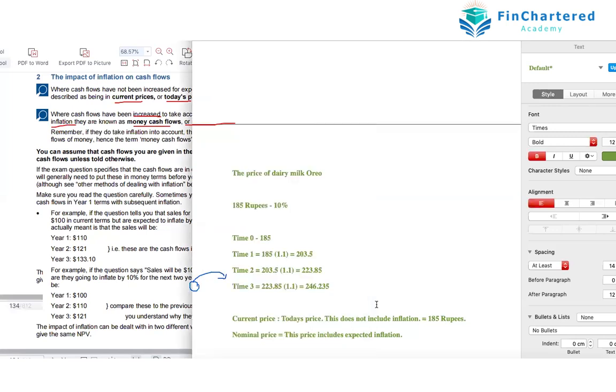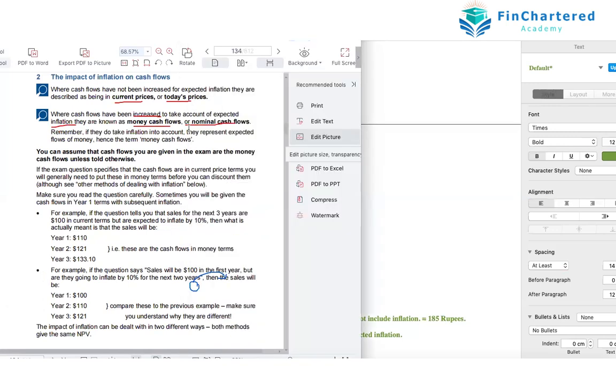Just like a price that is adjusted for inflation is a nominal price, a cash flow that is adjusted for inflation is known as a nominal cash flow. So what I've underlined, just read it.